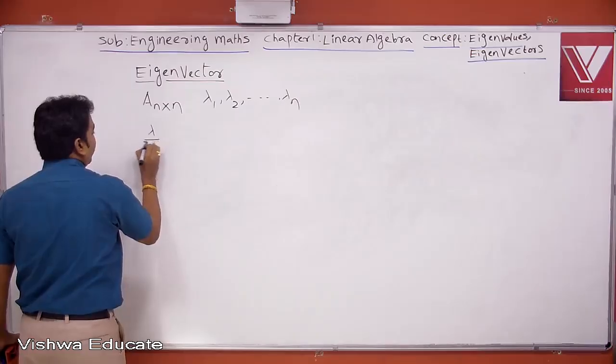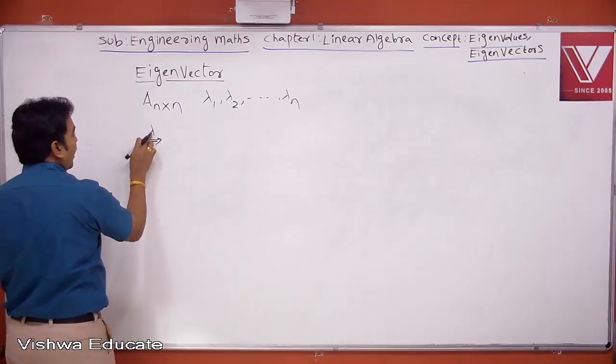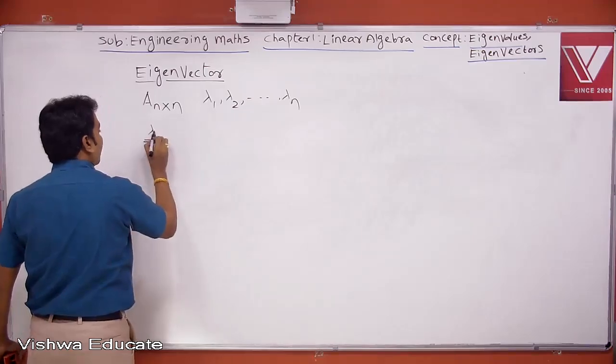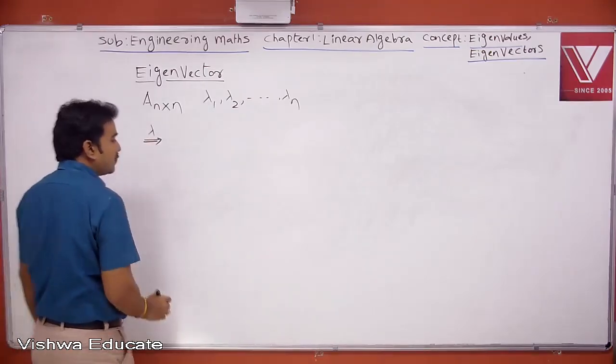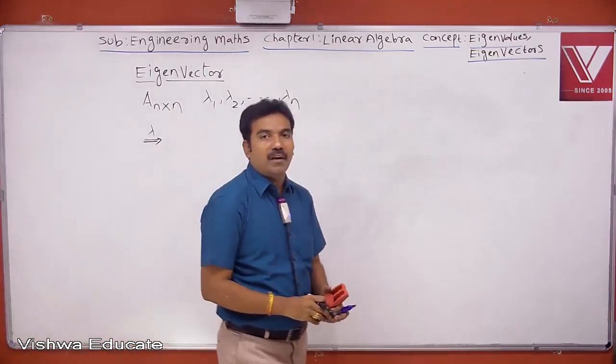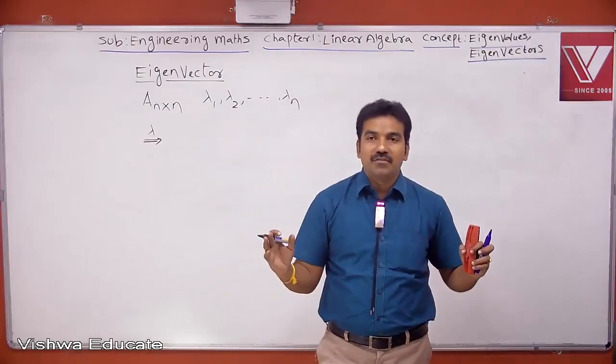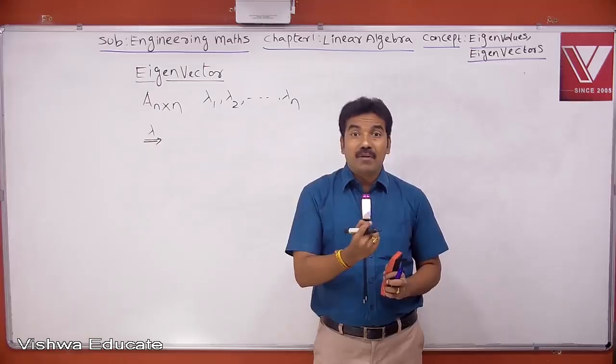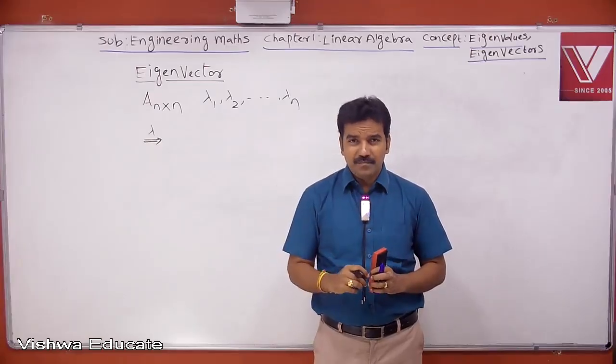Assume that lambda is one of its eigenvalues. So this lambda can be either lambda 1 or lambda 2 or lambda 3, or this can be lambda n also.